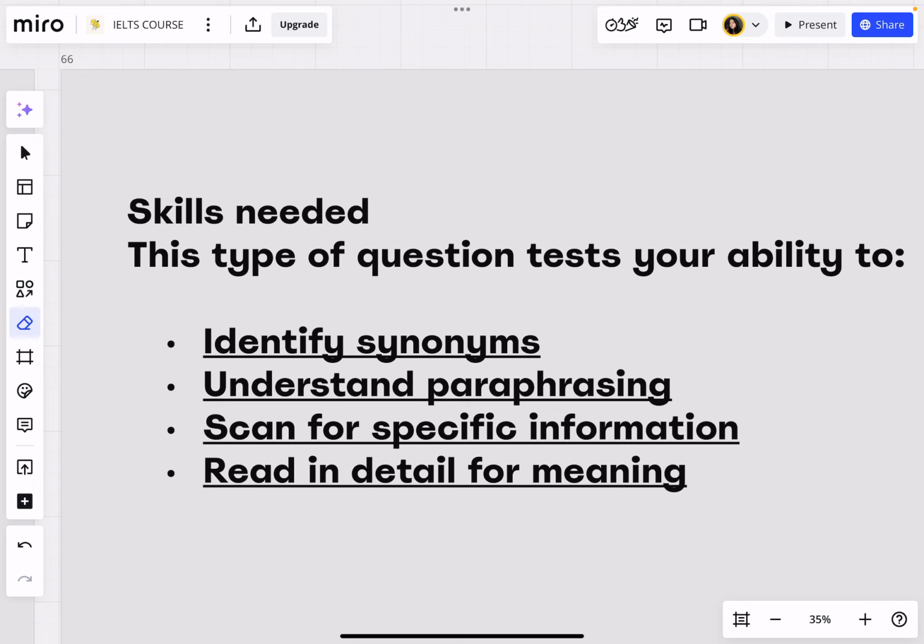In a question you get different words, but in the reading passages you get the paraphrased one. So you need the ability to scan for specific information and read in detail for meaning.